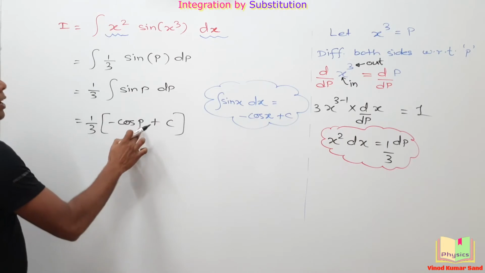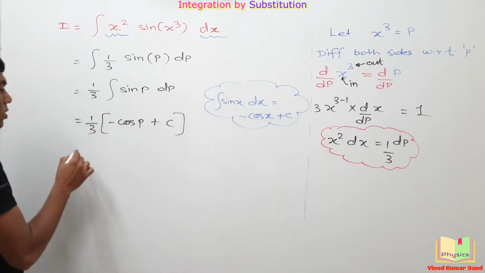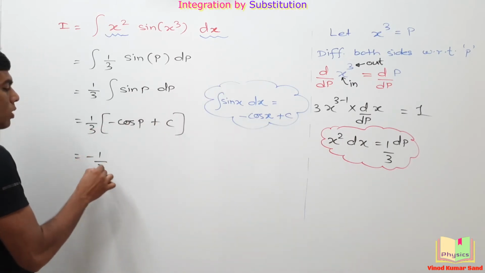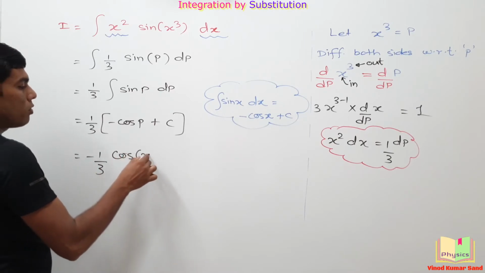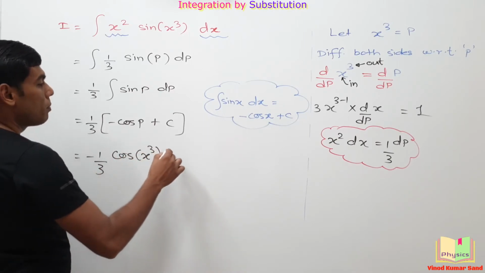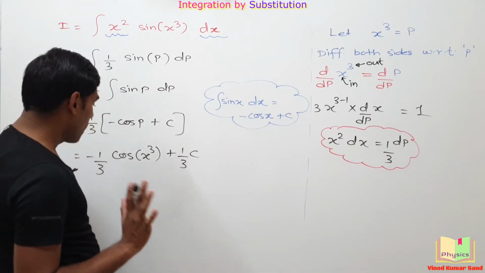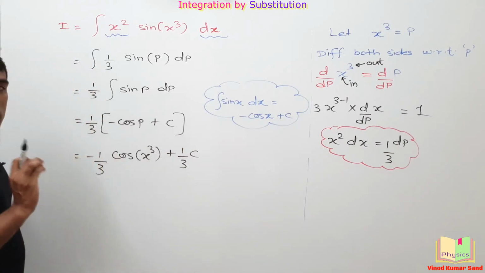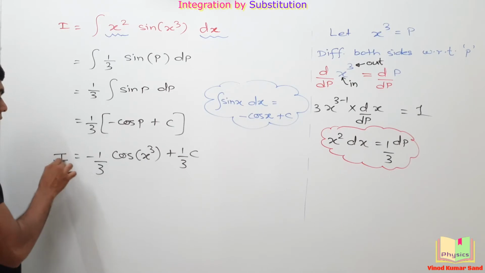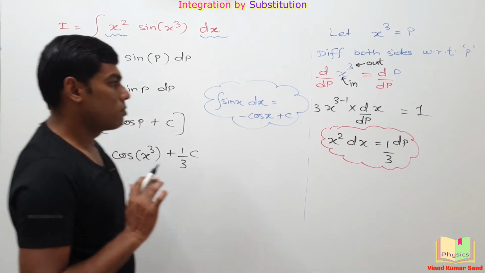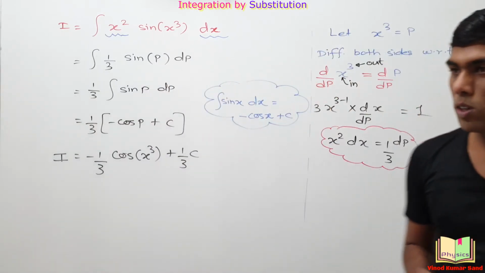Okay. Now value of p is already known to us. So your answer will become minus 1 by 3 cos of x cube plus 1 by 3 c. Fine. This is your final answer. You can note it down. It's similar to the previous question only.